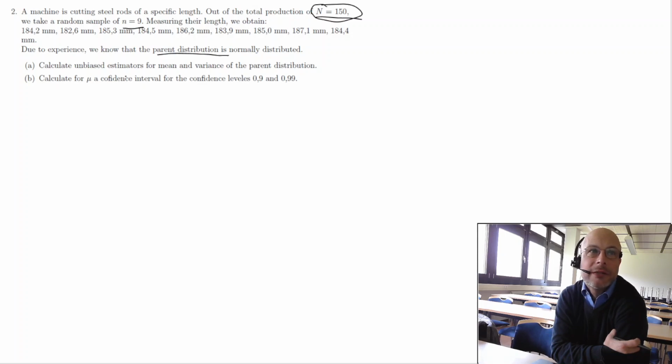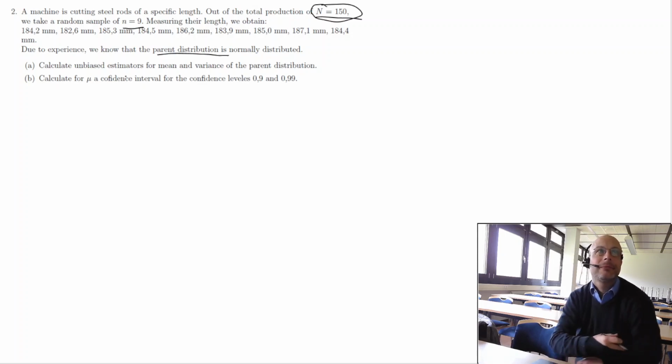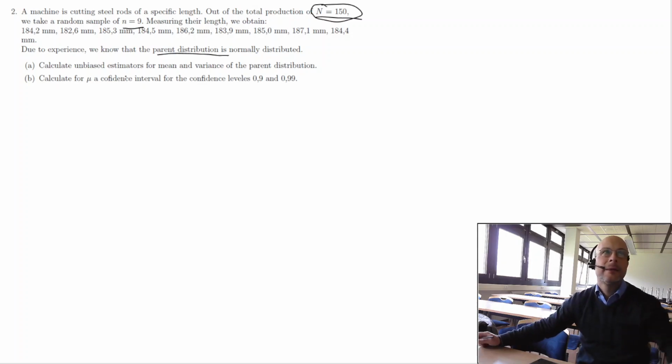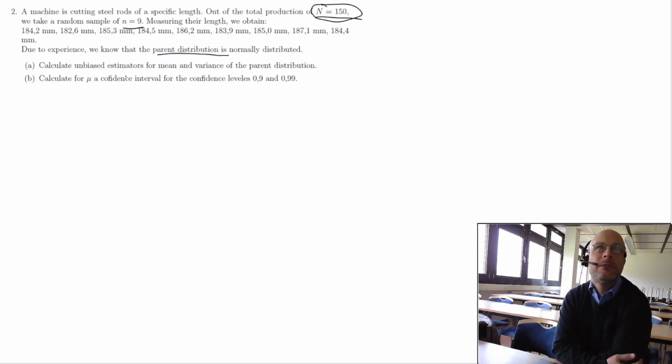Usually we just assume, well, if we have a large sample size, then we do not have to care about the distribution because of the central limit theorem. We mostly can assume that we are approximately normally distributed.